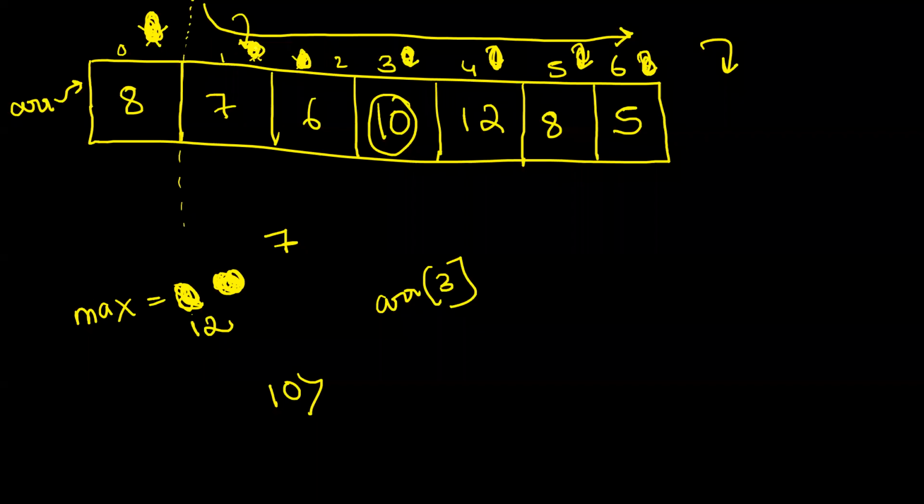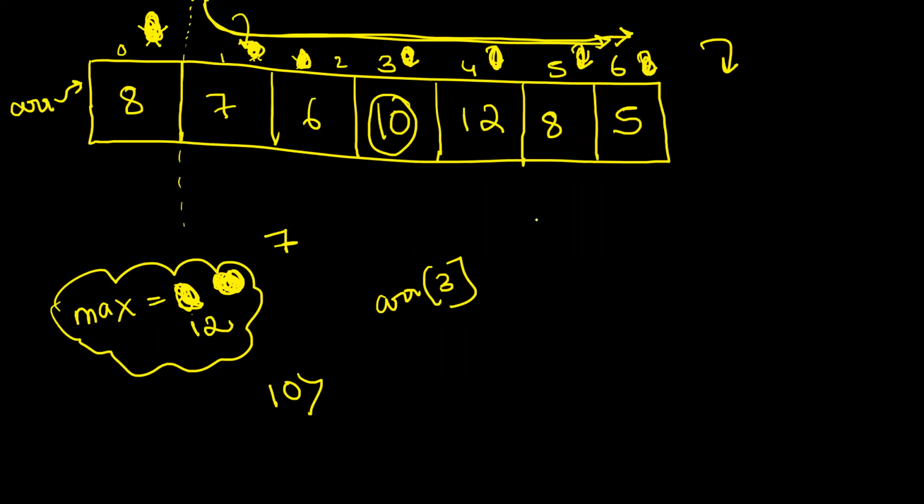Now, once I have finished traversing the entire array, can I say my answer is stored inside the maximum variable, which is 12? Okay. So my answer is 12. So what did I do? First of all, I assumed that 8 is my maximum. Okay. And then I iterated over the remaining part of the array.